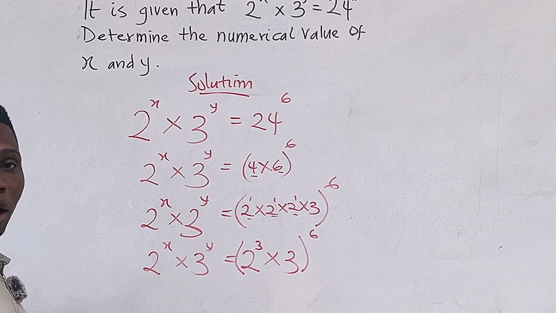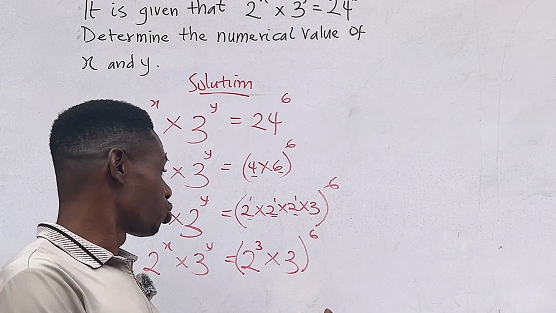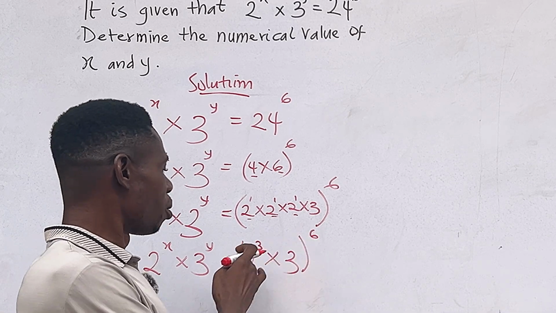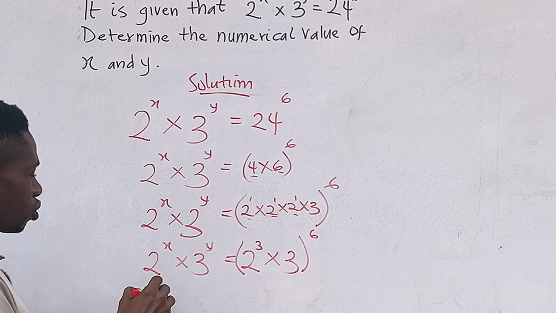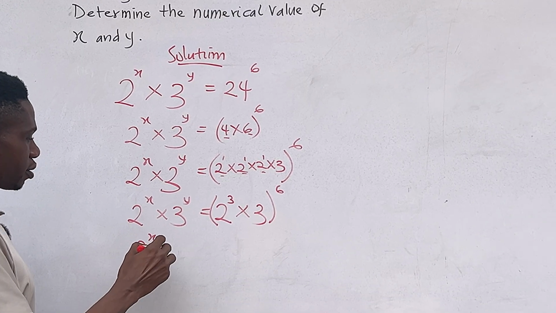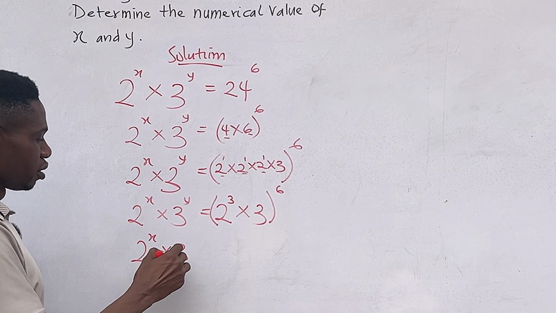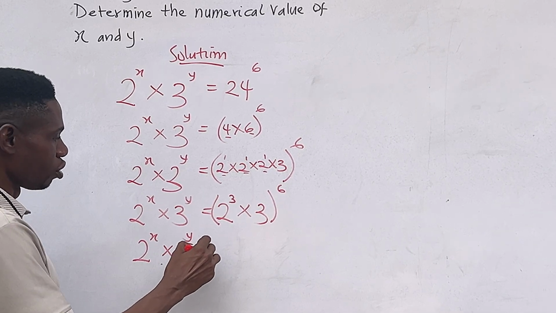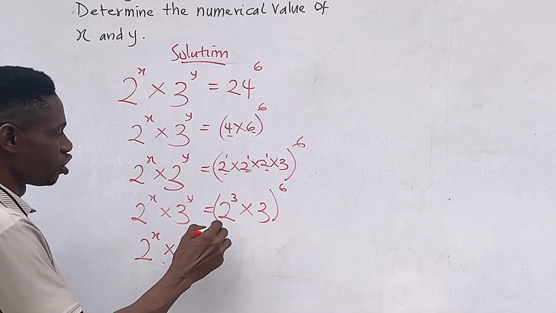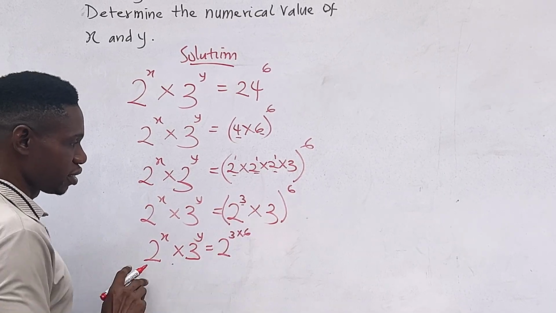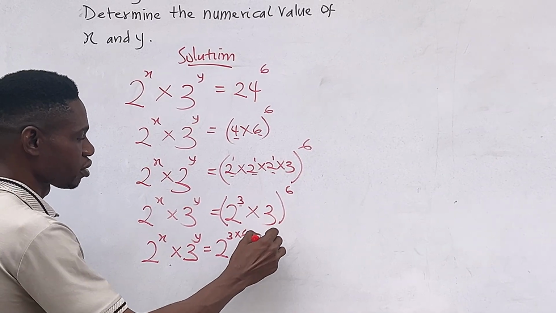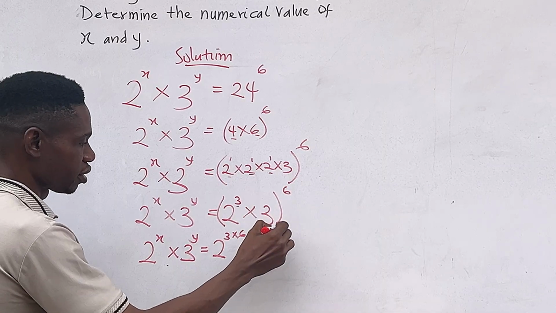Now, if you remember power law in indices, it allows us to share this power to all the numbers in the bracket, power law in indices. So let's apply that. So this will give us 2 raised to the power x times 3 raised to the power y equal to 2 raised to the power 3 times 6 times 3 raised to the power 6.